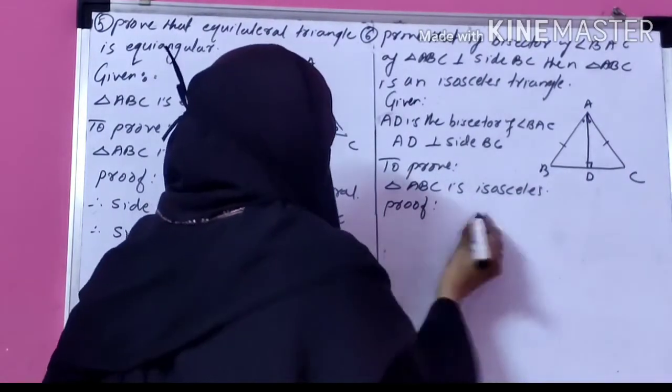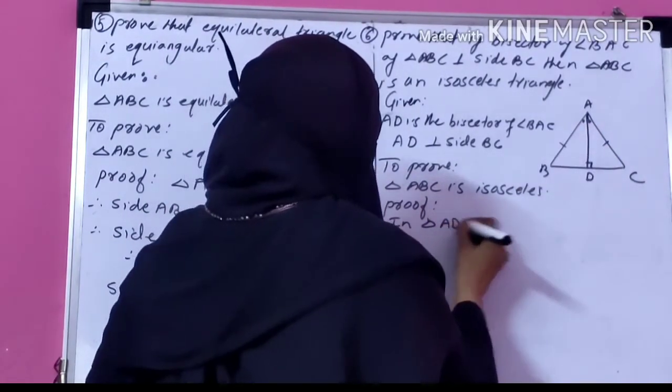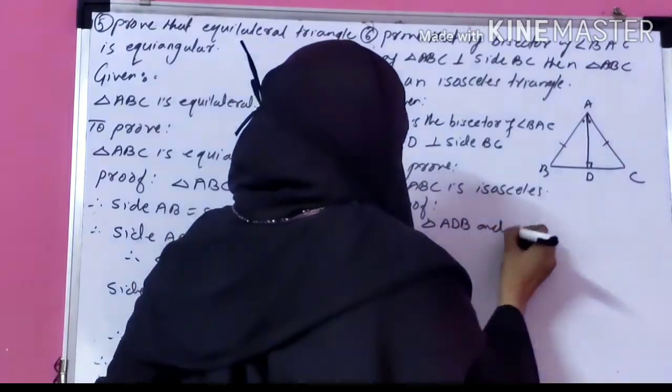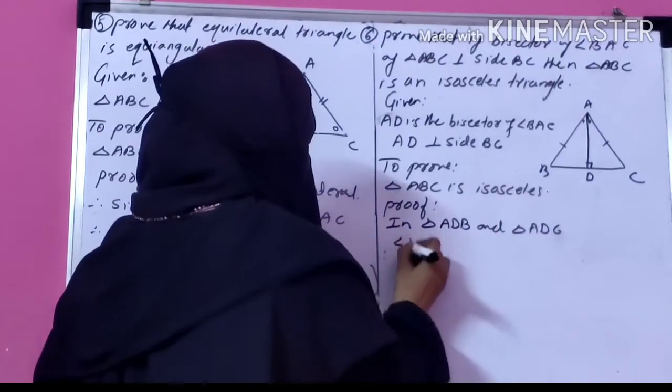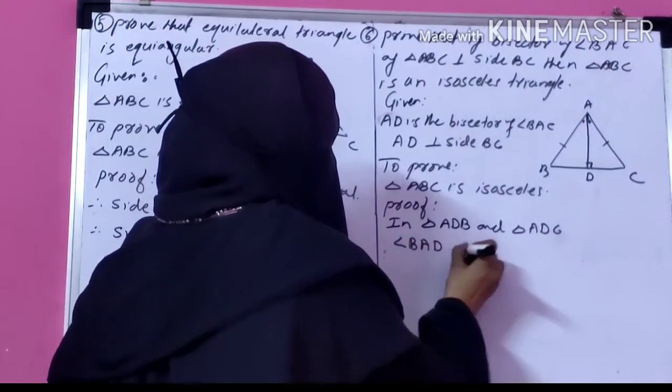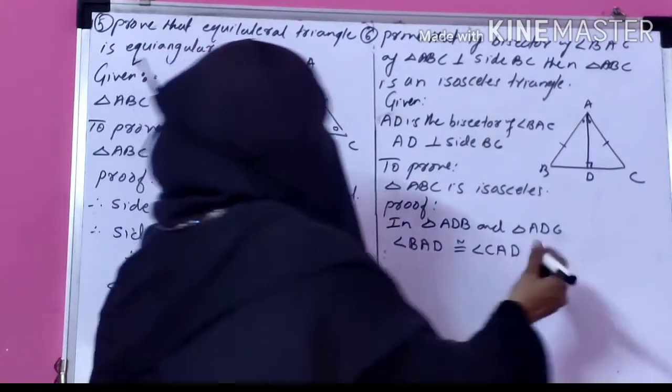So let's start with triangle ADB and triangle ADC. First of all, angle BAD is congruent to angle CAD. This is the property of the angle bisector.